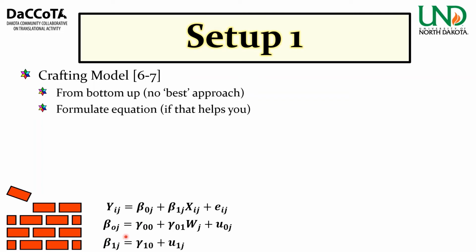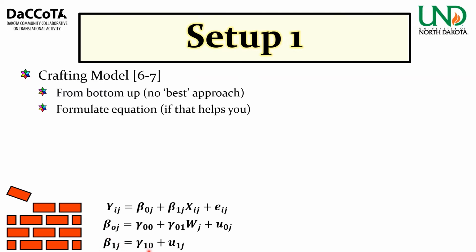So beta 0j has this gamma term, gamma 00 is the overall intercept. It's the grand mean of the scores of the dependent variable across all groups where all the predictors are equal to 0. This W is the level 2 predictor, while gamma 01 refers to the overall regression coefficient, or the slope between the dependent variable and the level 2 predictor. And then the U0j refers to the random error component of the deviation of the intercept of a group from the overall intercept.